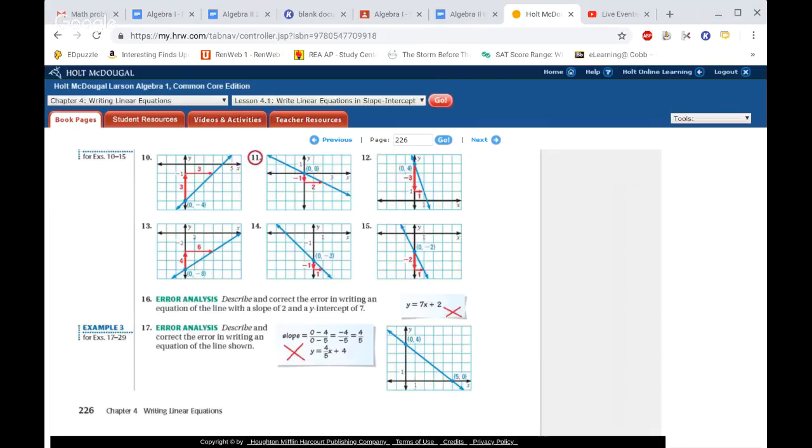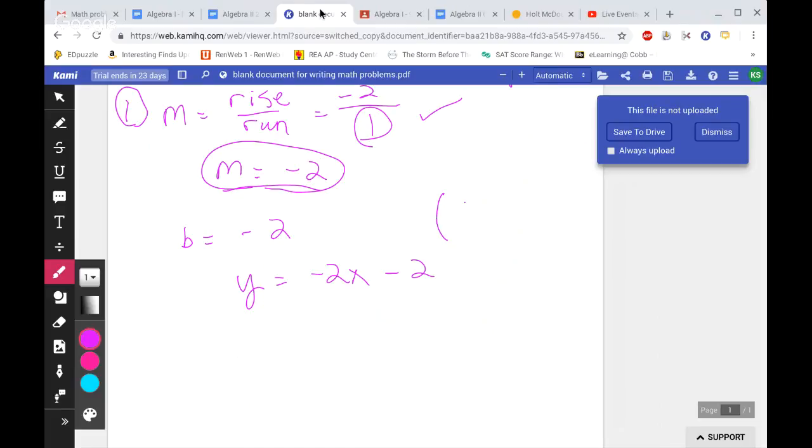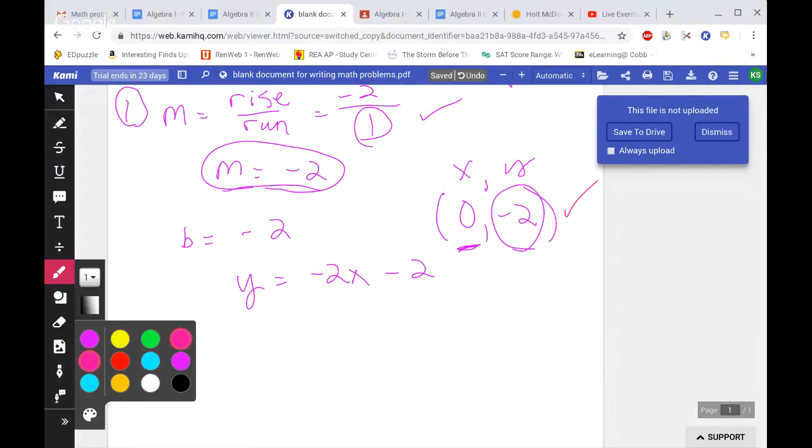Okay. And don't forget the ordered pair for the y-intercept is always that ordered pair where the x coordinate is 0. And what is the y? -2. See, the x is 0, so that makes this the y-intercept. When the ordered pair has a 0 in the x, and then whatever the value is for the y in that ordered pair, that's your y-intercept. Okay.